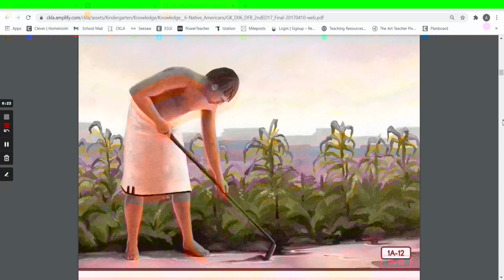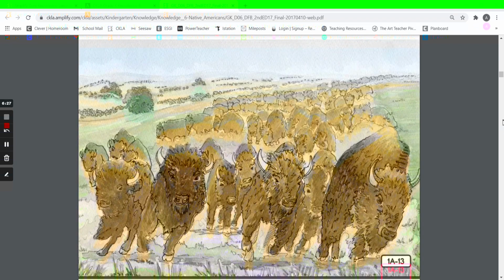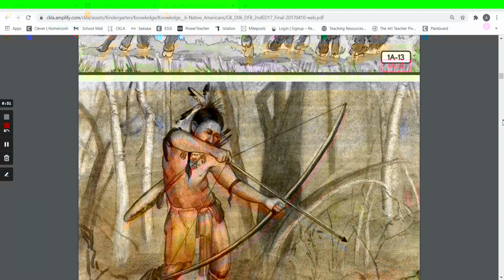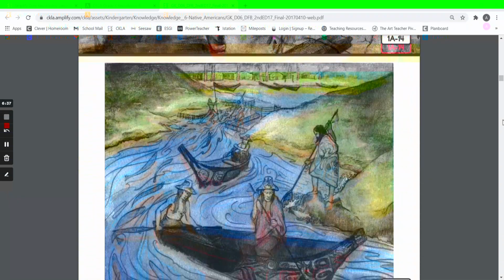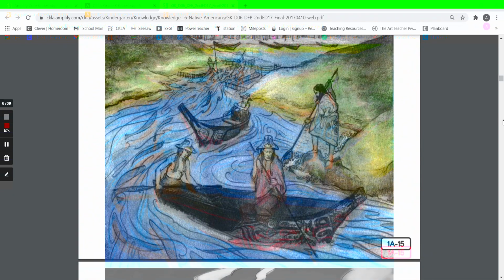Some Native Americans grew their own vegetables and fruit, and others hunted buffalo. Some Native Americans hunted in the woodlands, or where the forests were, and others caught fish from the rivers and lakes and oceans.